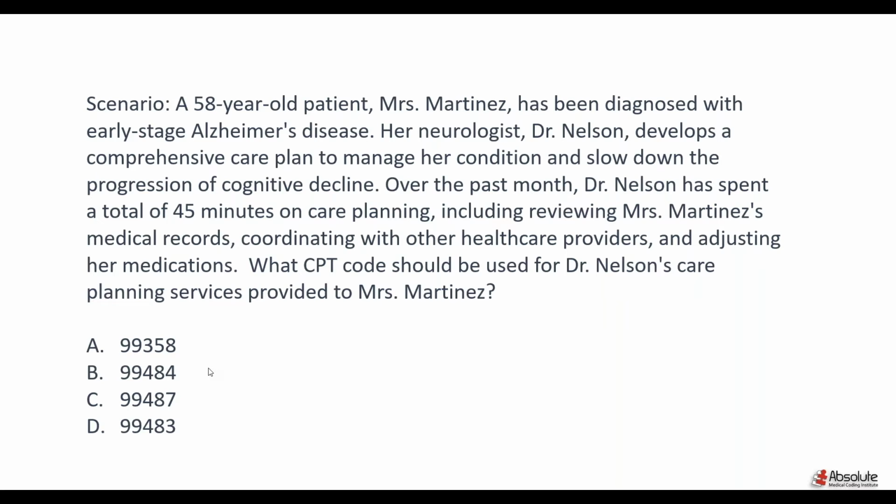Over the past month, Dr. Nelson has spent a total of 45 minutes on care planning, including reviewing Mrs. Martinez's medical records, coordinating with other healthcare providers, and adjusting her medications. What CPT code should be used for Dr. Nelson's care planning services provided to Mrs. Martinez?